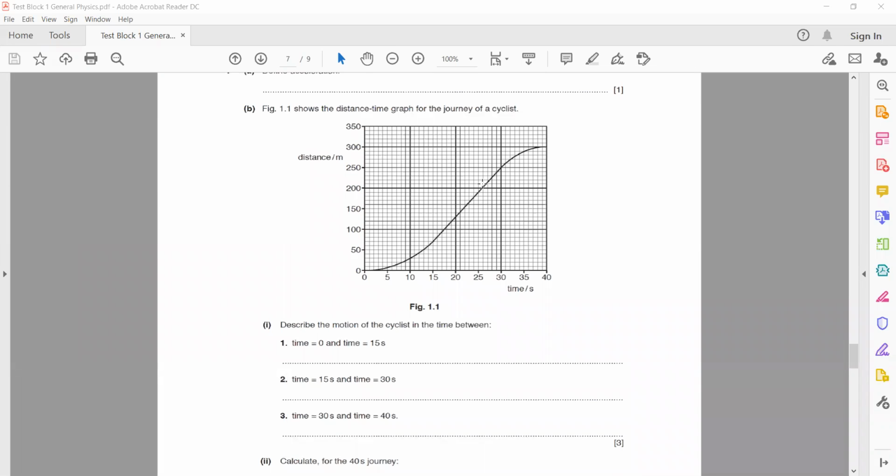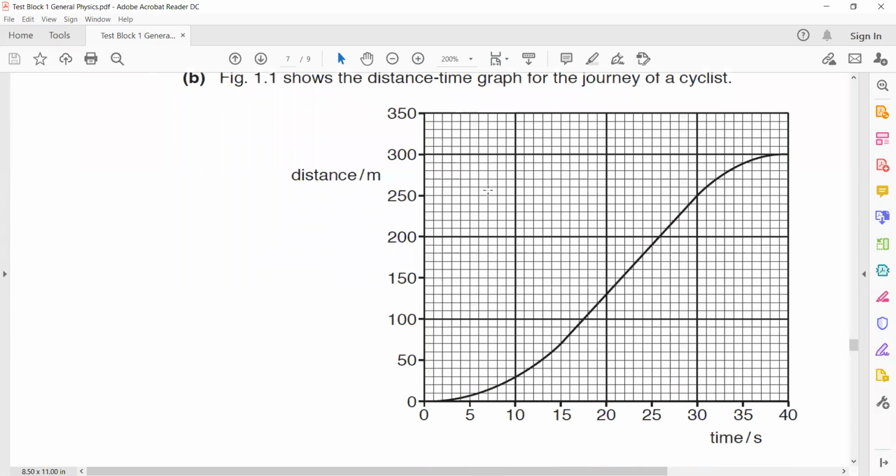So the maximum slope is from 15 to 30. So what you will do is take this region only and find the gradient or the slope. For this region, I can take any 2 points, but I'm taking the maximum distance between the 2 points, so I'll get a more accurate answer. So 250 is there. This one is 70, and the time interval is equal to 15.